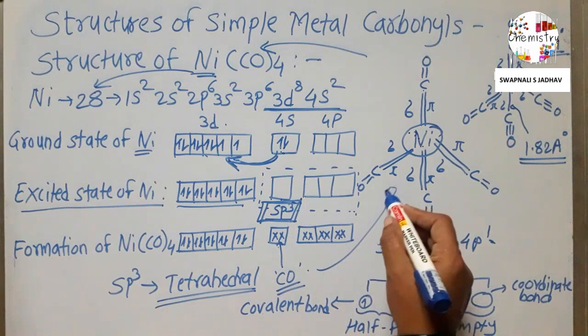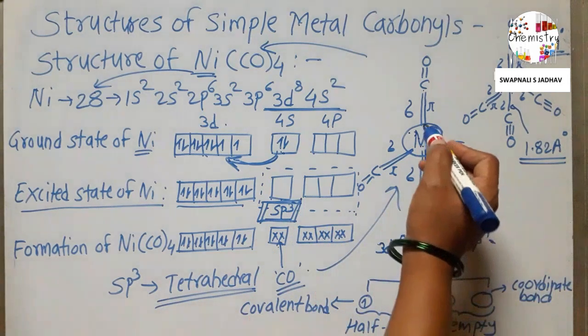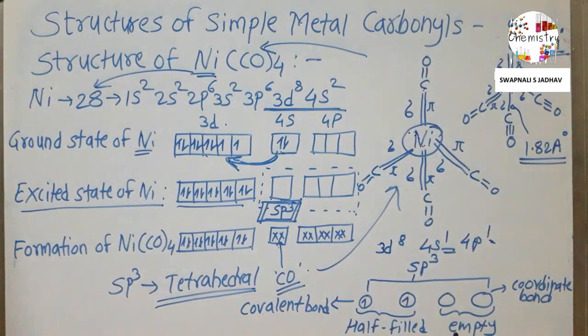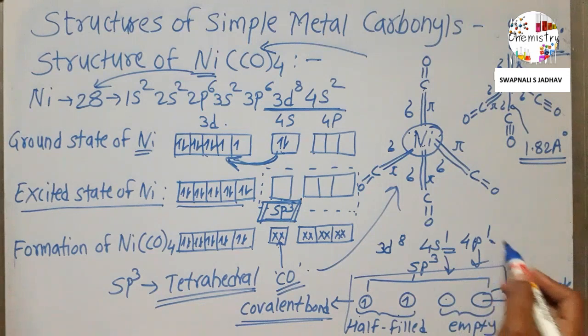Likewise, here double bonds are present between the nickel and carbon of the carbonyl group. But according to the recent concept, the electronic configuration is 4s1 4p1, where 2 orbitals are half filled which form 2 covalent bonds, and 2 orbitals are empty which form 2 coordinate bonds, and the structure of Ni(CO)4 becomes as it is.